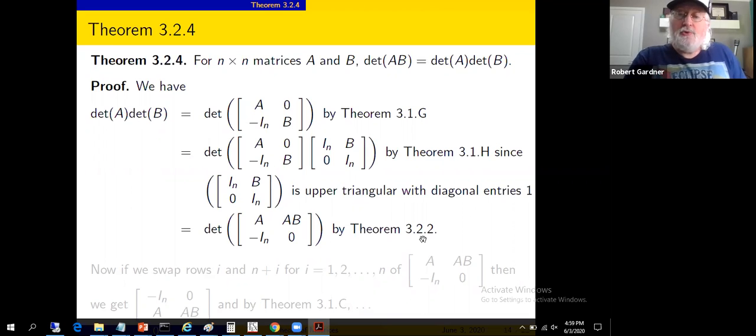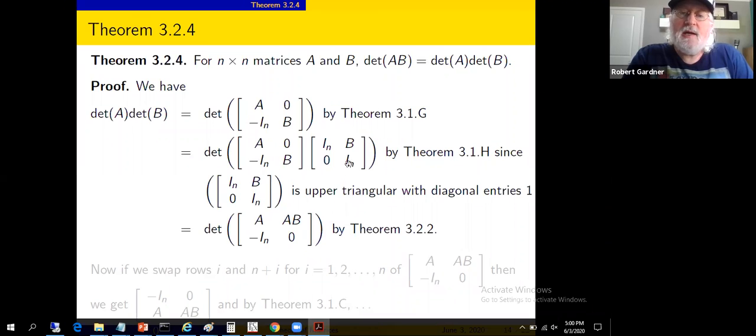Theorem 3.2.2. One of the things we did in this section said, you multiply partition matrices the way you do a product of 2 by 2 matrices. So we get A times the identity plus 0 times 0 here, which is A. A times B plus 0 times I here, so we get AB here. Negative identity times identity plus 0 gives us negative identity here.